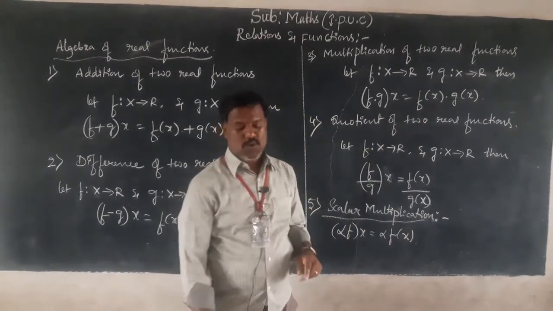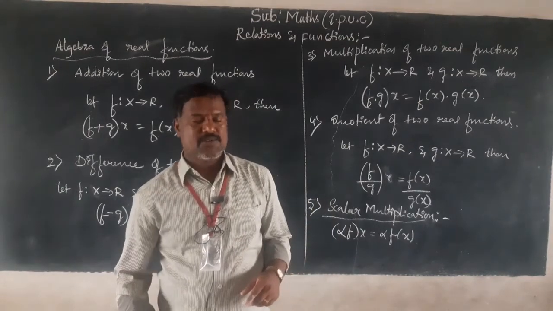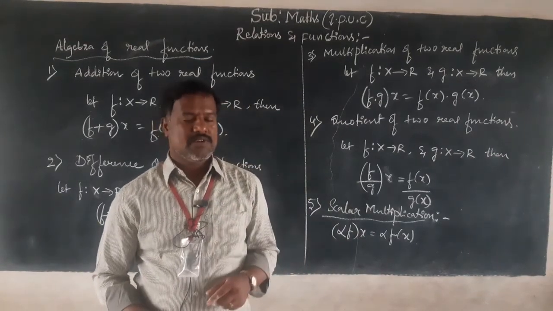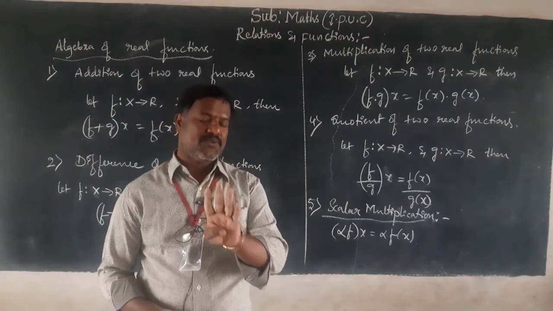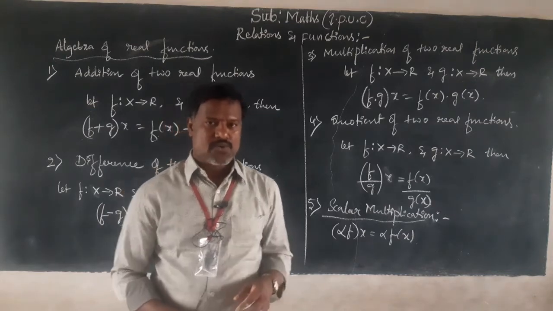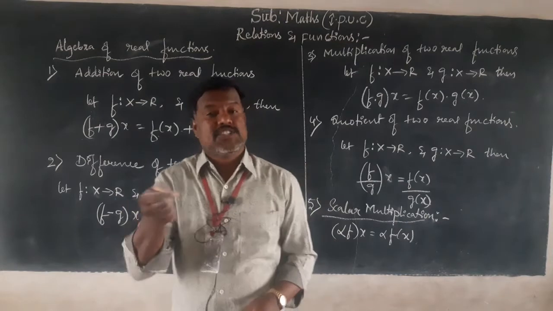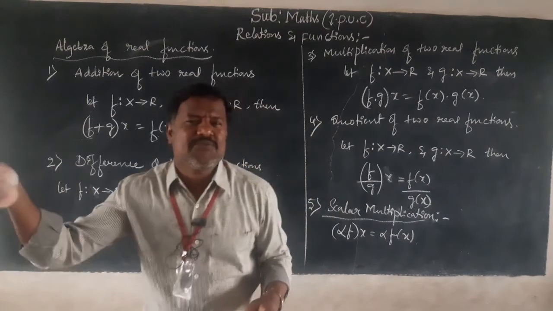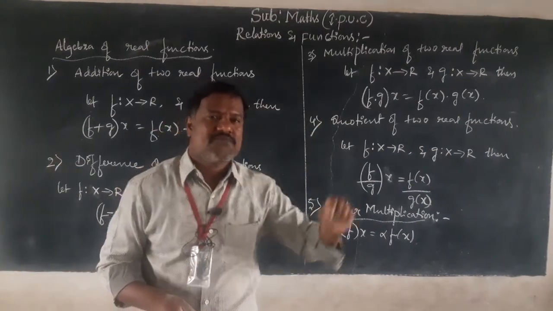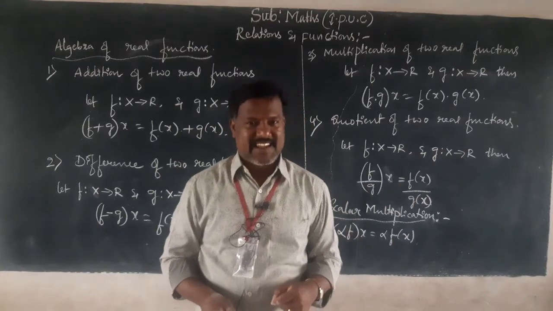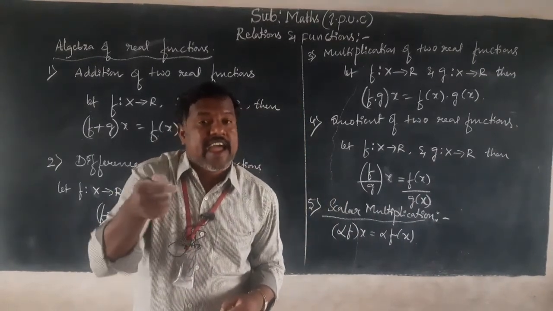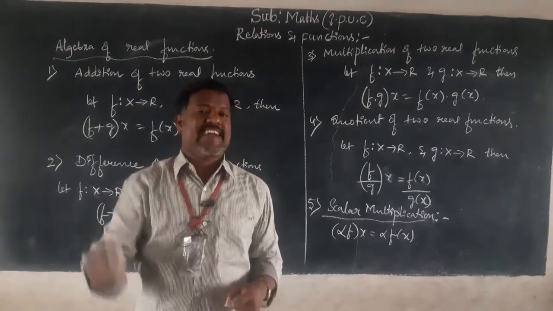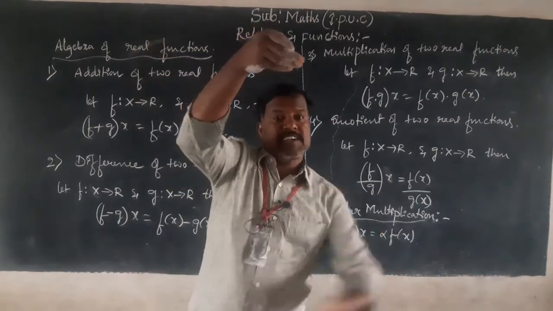The last one is the quotient rule. First we have the addition rule, second the subtraction rule, third the multiplication rule, and the fourth one is the quotient rule. In the quotient rule also, let f of x and g of x be two real functions, then the quotient f by g of x is equal to f of x by g of x.